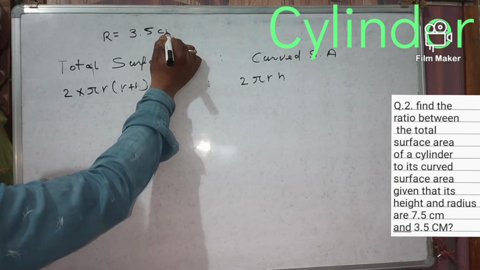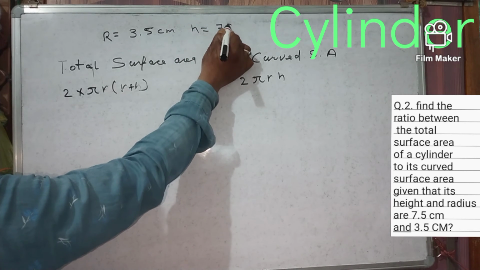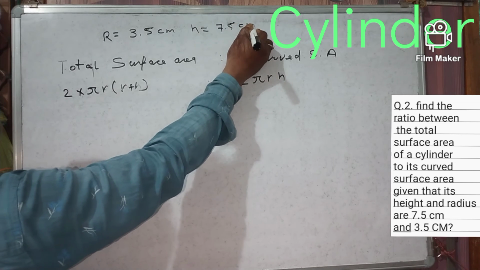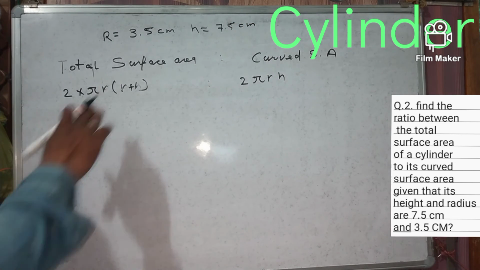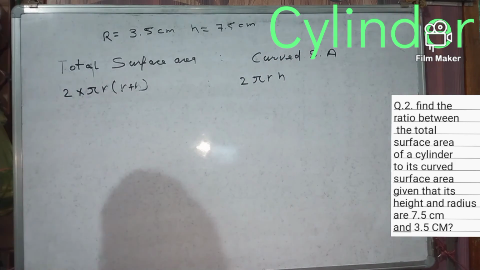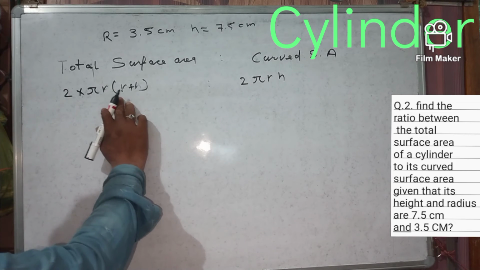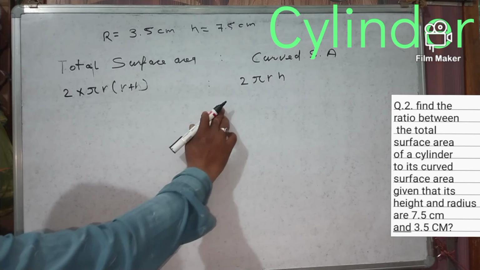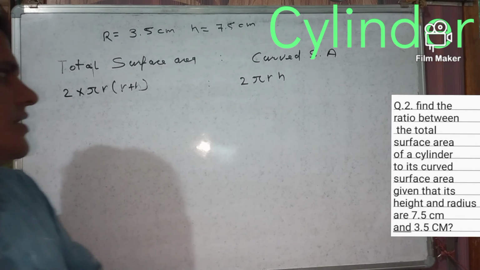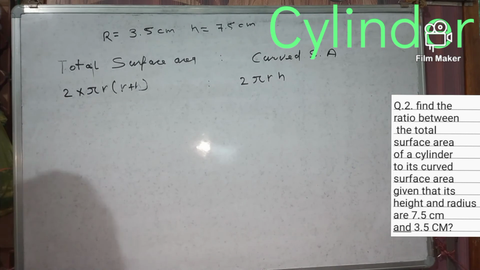Okay, total surface area ratio curved surface area. Total surface area formula is 2 into pi r into r plus h, and curved surface area formula is 2 into pi r h.